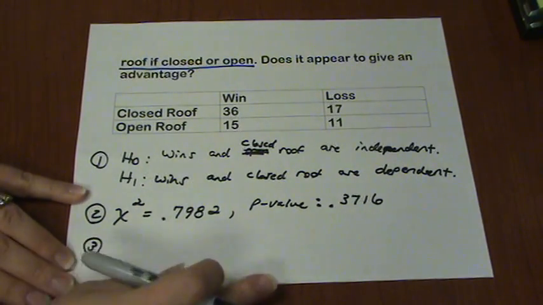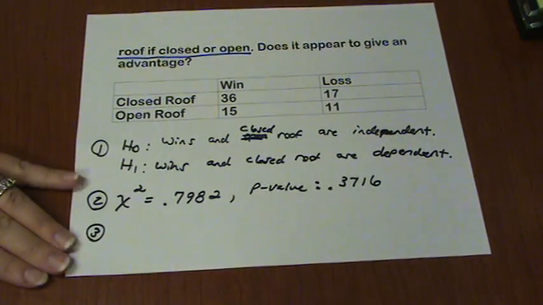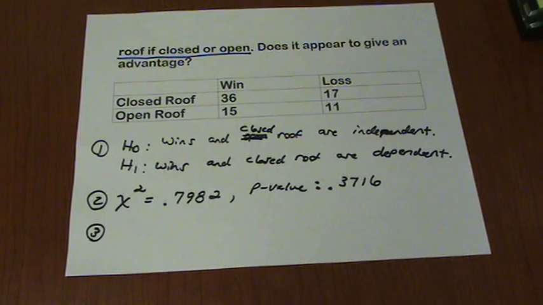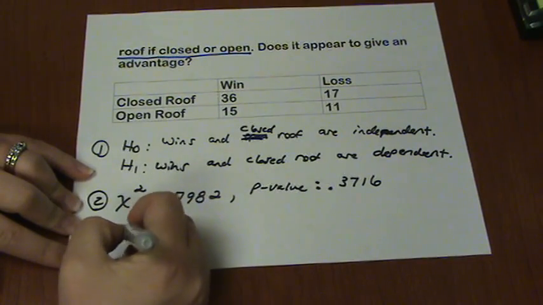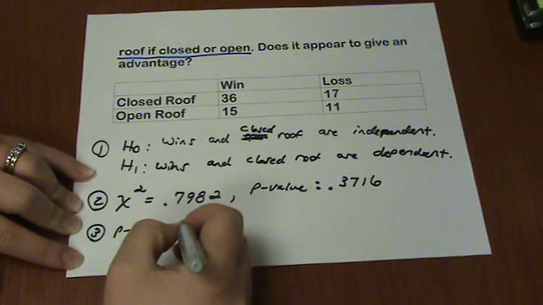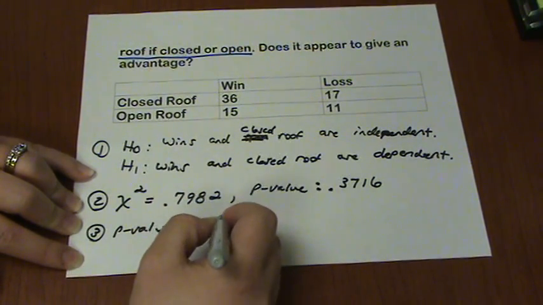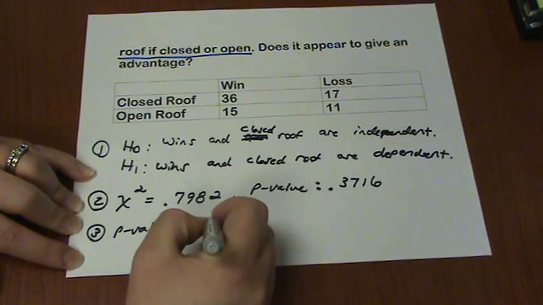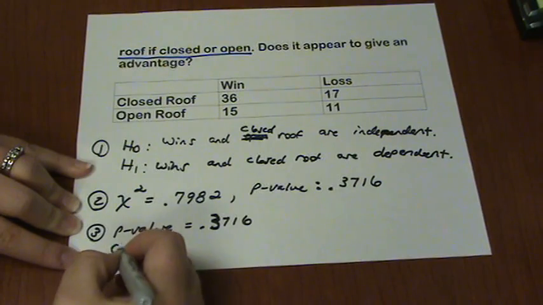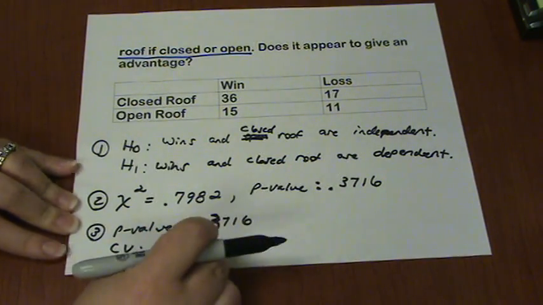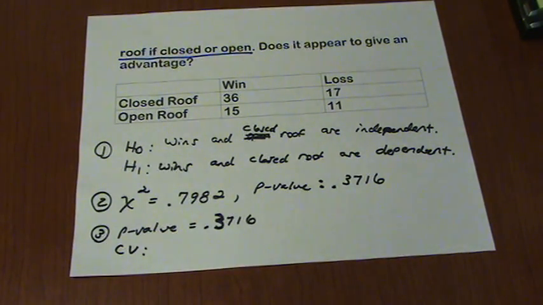Alright, step 3 is I'm going to do either one of my 2 methods here. In this case, I'll look at, again, restating the p-value, which is 0.3716. Or I can do my critical value, and when I'm talking about critical value, we're going to use our table.